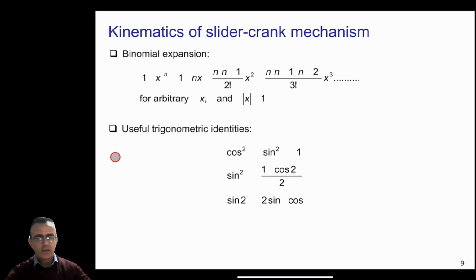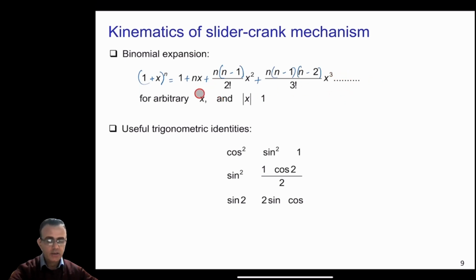The binomial equation is (1 + x)^n, which is equal to 1 + nx, and then plus n(n - 1)/2 factorial x squared, and then plus n(n - 1)(n - 2)/3 factorial x cubed, and so on. So this is the binomial equation that we will be using for the kinematics of the slider crank.